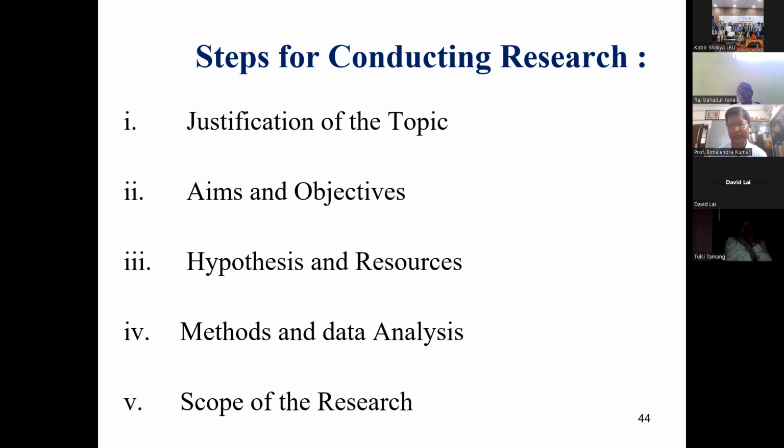If you go through the reputed journals, you will find at the end of the journals how the books or the research papers are being reviewed, how the articles which have been published earlier in the journals are reviewed by other scholars, and they are also put in the review sections. Then you have to write down what is the scope, what are the research gaps for the future generations.